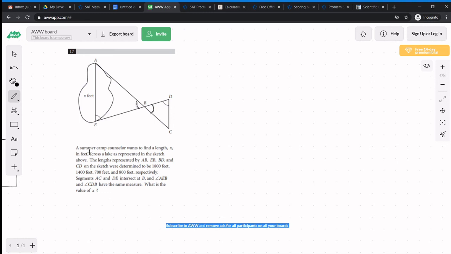And let's read. We want to find the length x across a lake. Okay. The lengths are represented by AB, EB, BD, and CD. In the sketch, they were determined to be 1,800 feet. Okay. So AB is 1,800.